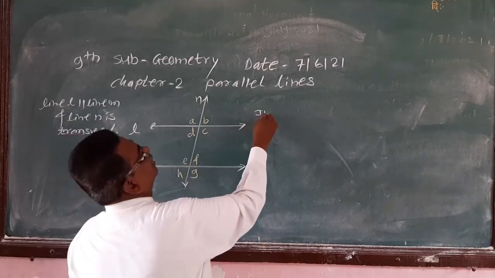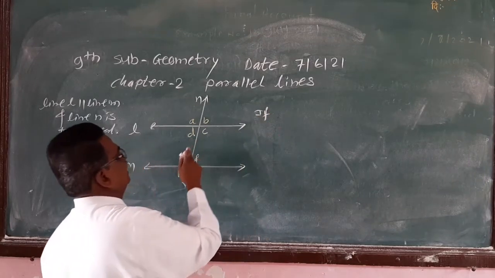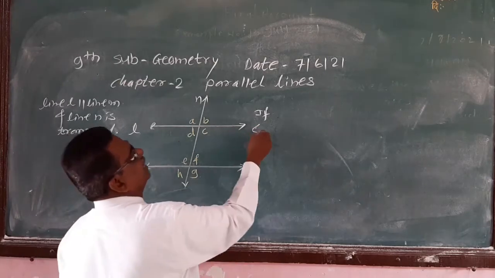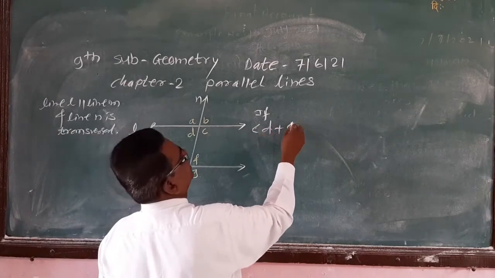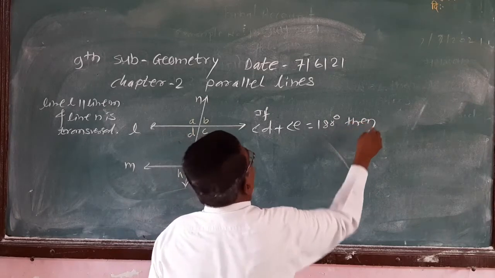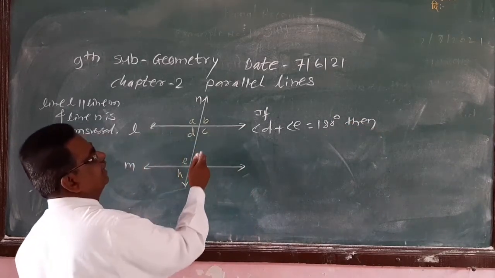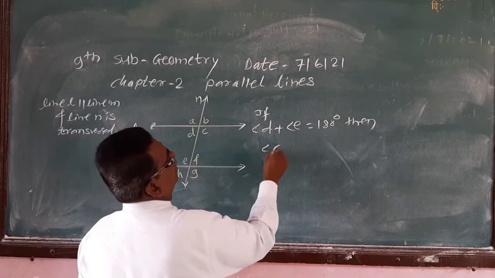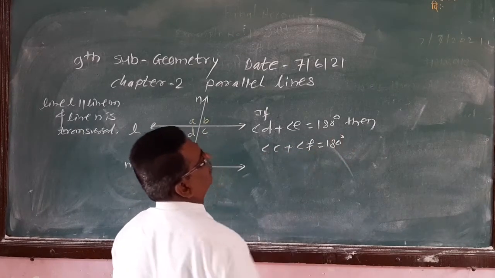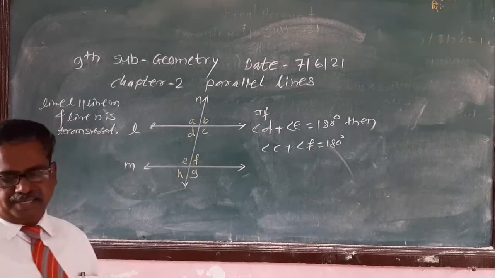So, D plus E, these are the interior angles. Angle D plus angle E is equal to 180 degrees. Then another pair of interior angles, angle C plus angle F is equal to 180 degrees.